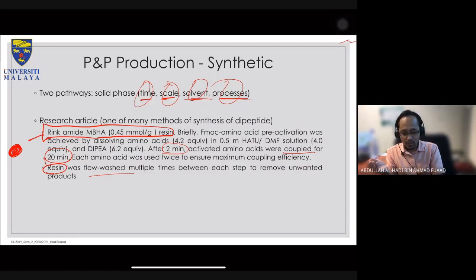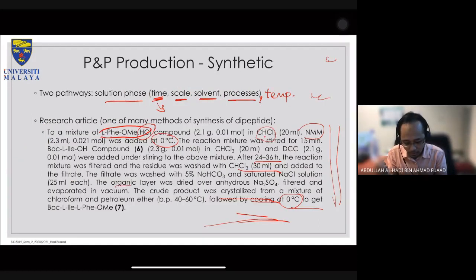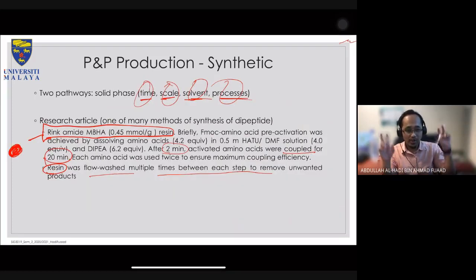You just need to wash it multiple times between each step to remove all unwanted reaction, compared to a solution phase where you need to do extraction, and the organic layer was dried over anhydrous potassium sulfate, and then you filter it, you evaporate it, and so on and so forth. So the processes are more complex in a solution phase, even though it is more sustainable.